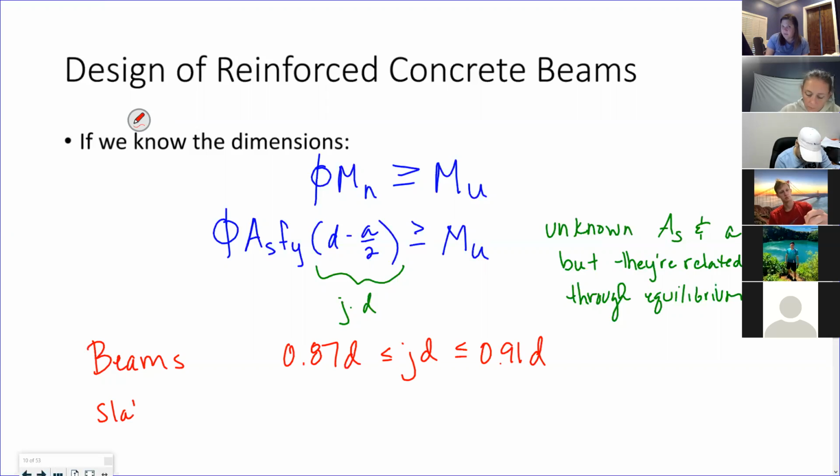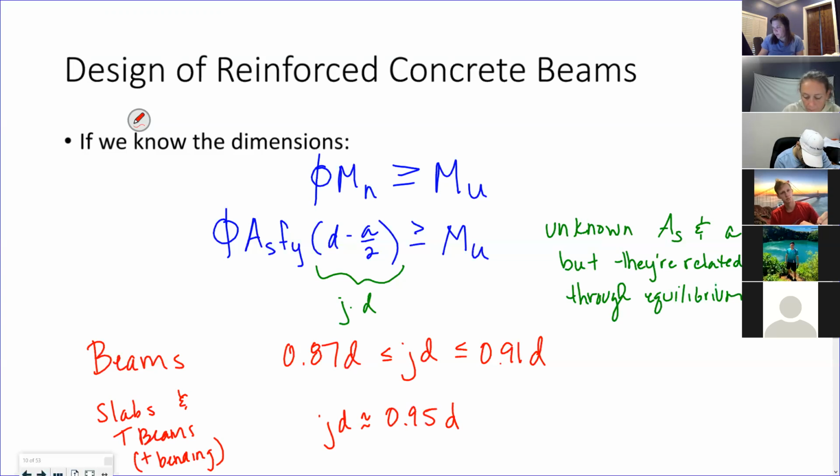And for slabs and T-beams with positive bending, it's about equal to 0.95. That's just estimating that moment arm.